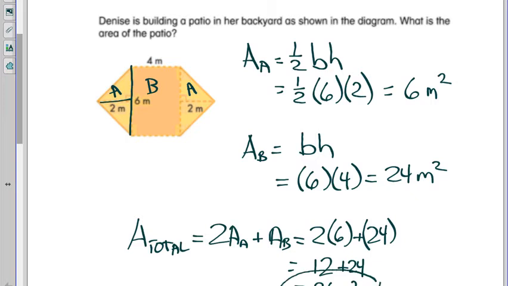Circling my final answer to indicate it to my teacher so there's no confusion, and that's all there is to it. I organized this very carefully and specifically. Everything's labeled. The shapes are labeled on my drawing. The formulas are labeled so I know which formula goes with which shape. Everything's laid out there, and you need to do that too. Stay organized and you will do well in this unit.